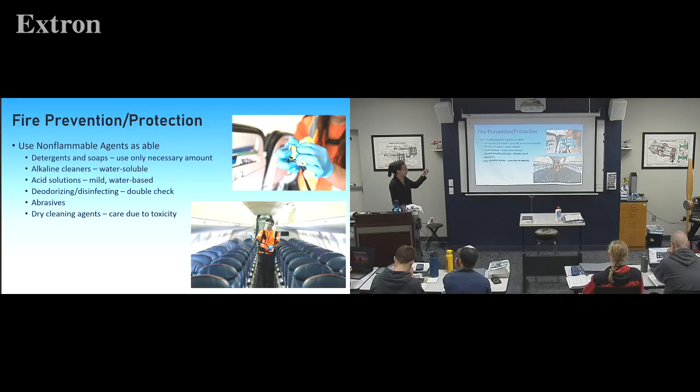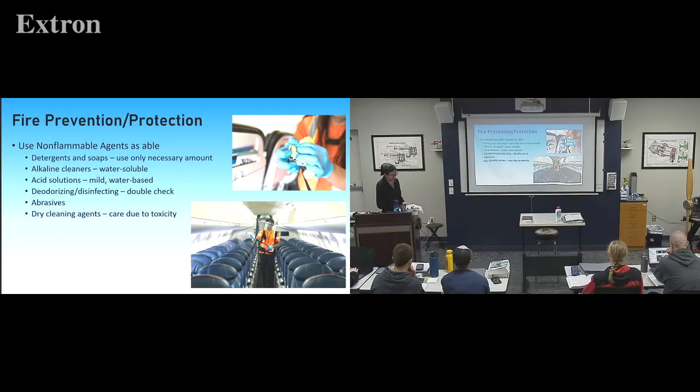So if you get it way too wet and soppy, it might leach out those salts, and now it's no longer as fire retardant. So with aircraft interior fabric, you need to go to the fabric manufacturer, hopefully your employer has that super handy, to know what solutions are safe to use and in what amounts.